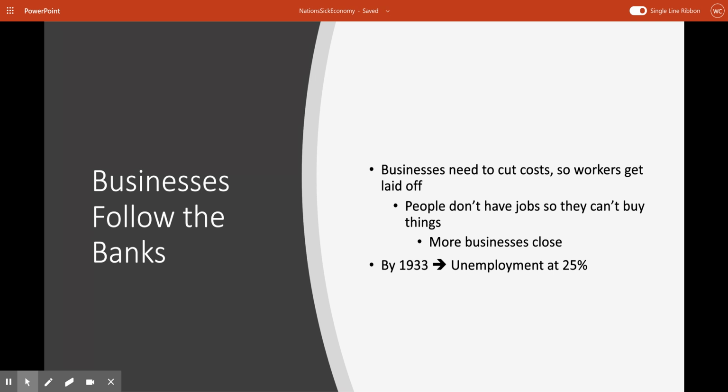Businesses have to have a steady flow of borrowing money and investing, putting money back into their business, kind of have this cash flow back and forth thing going. And without banks around, businesses really started to see an impact. They were unable to find people to loan them money like they needed because all the banks were failing and closing up. A lot of businesses, therefore, needed to figure out ways that they could cut costs.